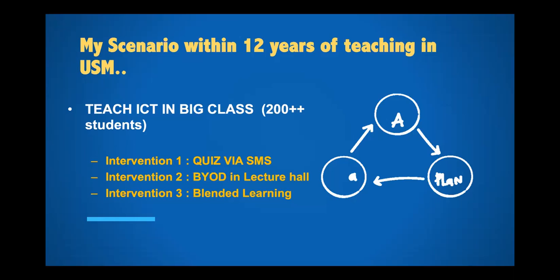Then after half an hour, for example, my class was 9 a.m. So 9:30, I'm going to let you go. You all go to under the Wi-Fi hub anywhere in the campus. All right. And then at 11:30, you must come back to the lecture hall and present whatever you have.